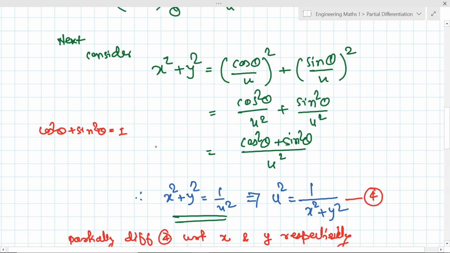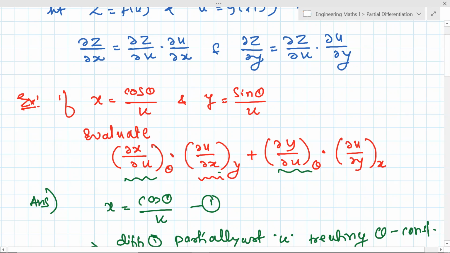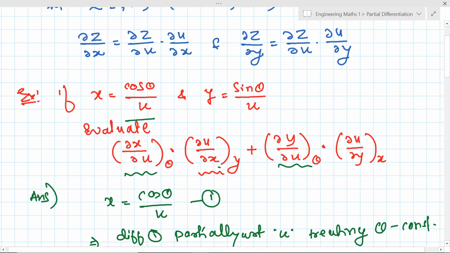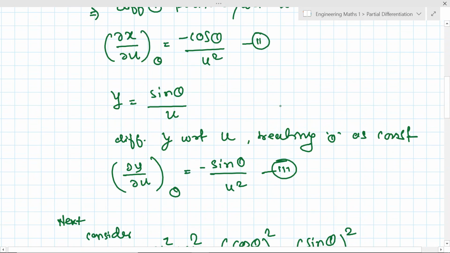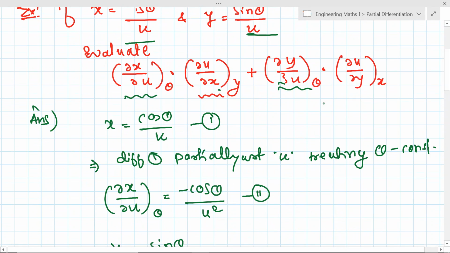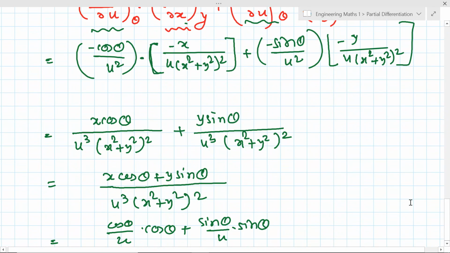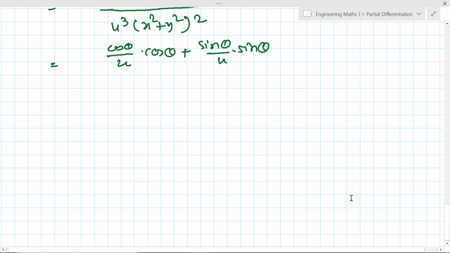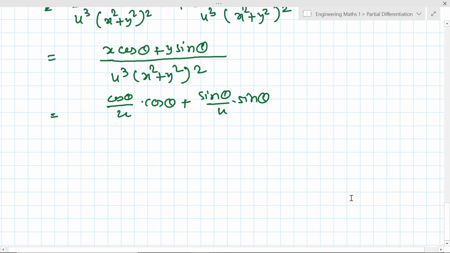Okay, see, the value of x is cos theta upon u, and the value of y is sin theta upon u, that I have replaced. So x is equal to cos theta upon u, and y is equal to sin theta divided by u.